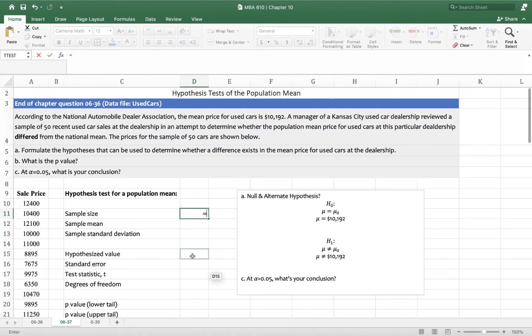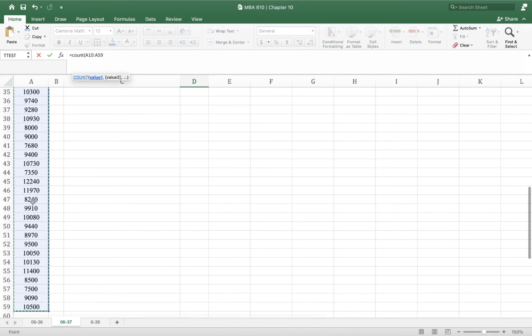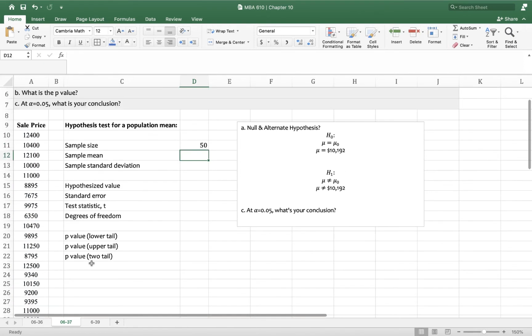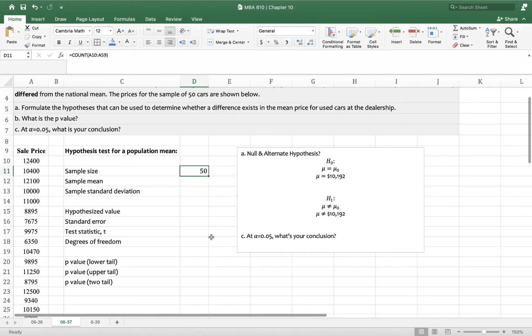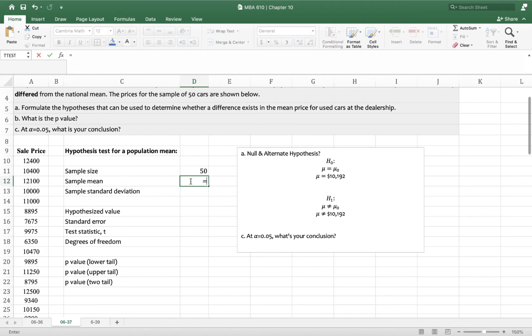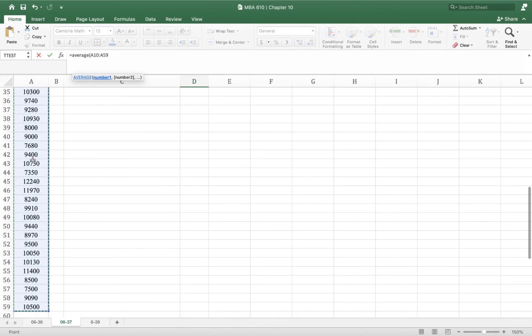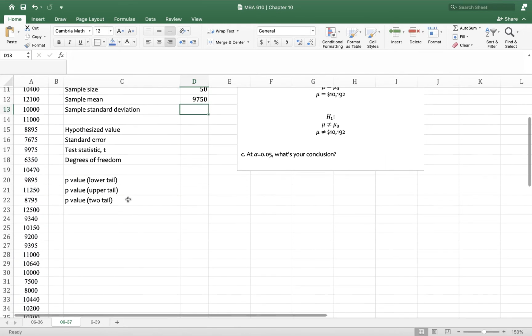That's the number n. And we can find that by using Excel's COUNT function. Equals COUNT, I'll close my parentheses and press enter, and I can see that I'm working with a sample size of 50 car observations. So my sample mean is just equal to the average of those 50 observations.